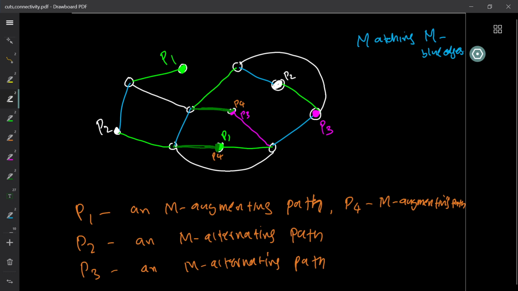Then from P1 I can go here, then I go to this, and then I'm looking at these yellow or green edges, and I end up in this part. This is an M alternating path, and since this vertex and this vertex are not saturated by M, this is also an M augmenting path.